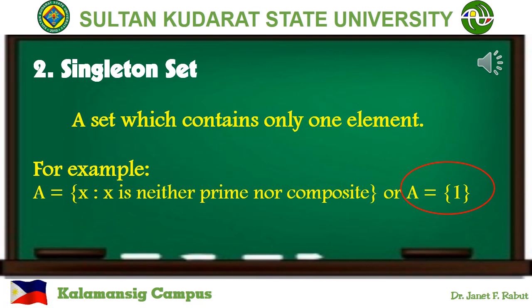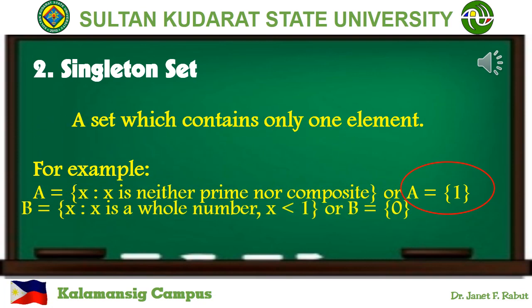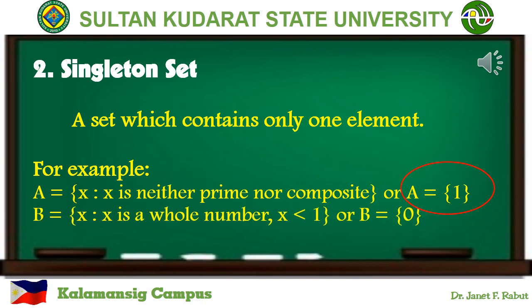And how about the next example? B is a set of X such that X is a whole number and X is less than 1. By that given situation, which is a whole number that is less than 1? What do you think?